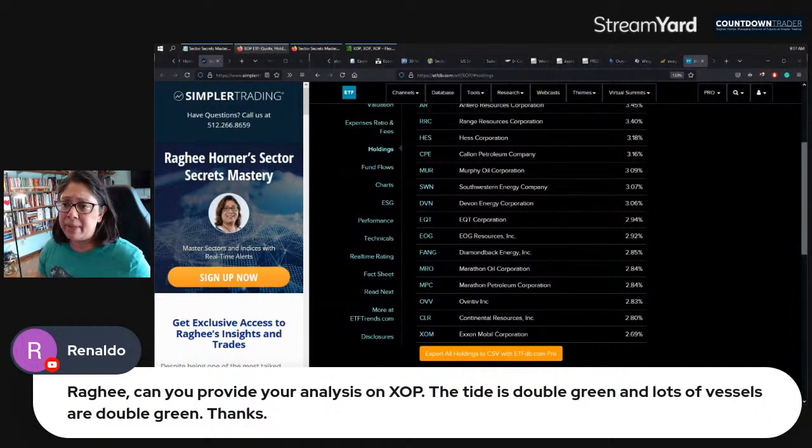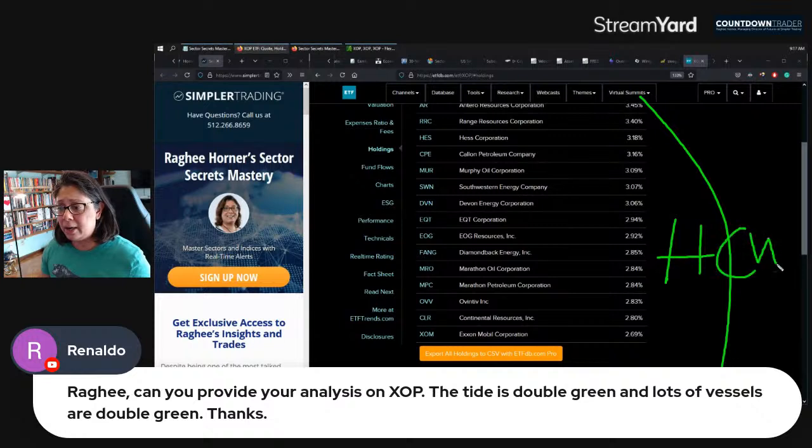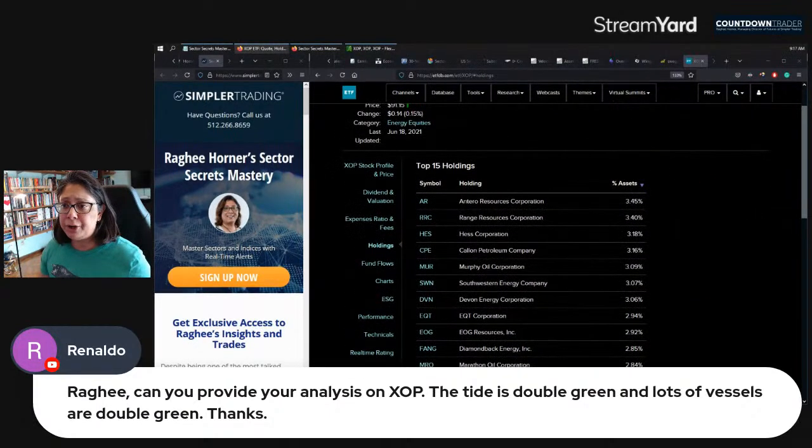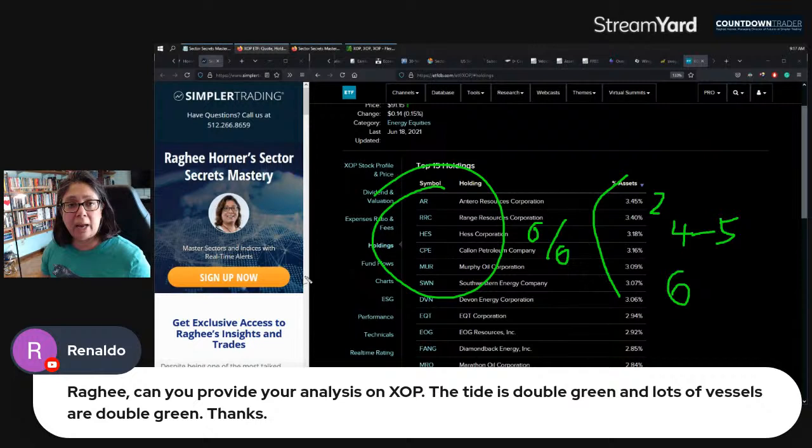My bigger problem with XOP, and I talk a lot about high concentration weighting, so I'm glad you asked about this. This is not high concentration weighting. It's not happening here. Take a look at the percentages. Normally in a high concentration weighted ETF, you're going to see as few as the top 2, maybe the top 4 to 5, usually within the top 6, a huge amount of the percentage weighting for that ETF exists in just a handful of stocks.